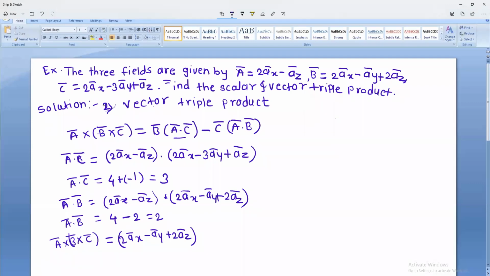So what is a bar dot c bar? It is equal to 3, and minus, again vector c bar is 2a bar x minus 3 a bar y plus a bar z into a bar dot b bar, which is 2.